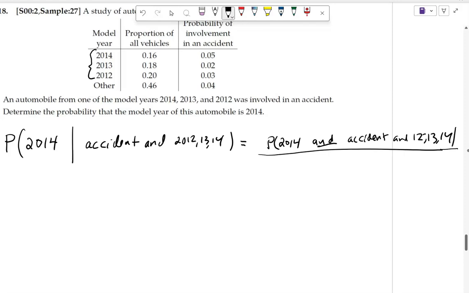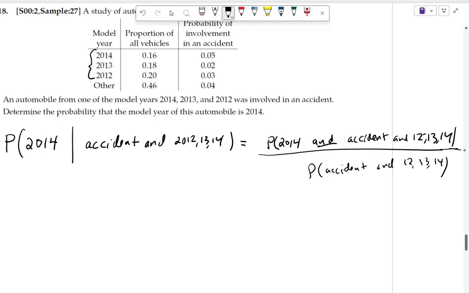And then over probability of accident and 12, 13, or 14. That's how we would set it up.